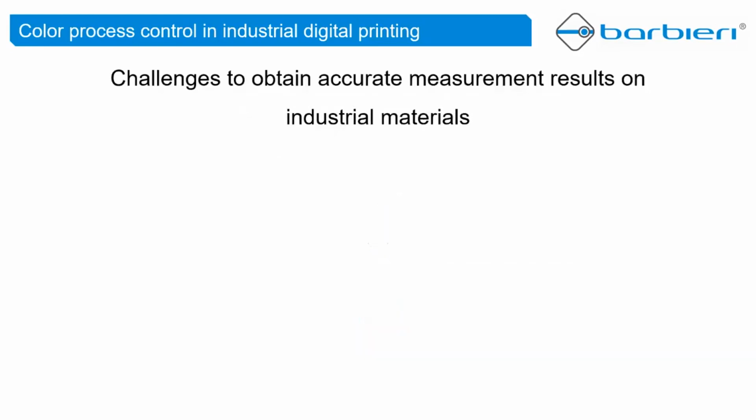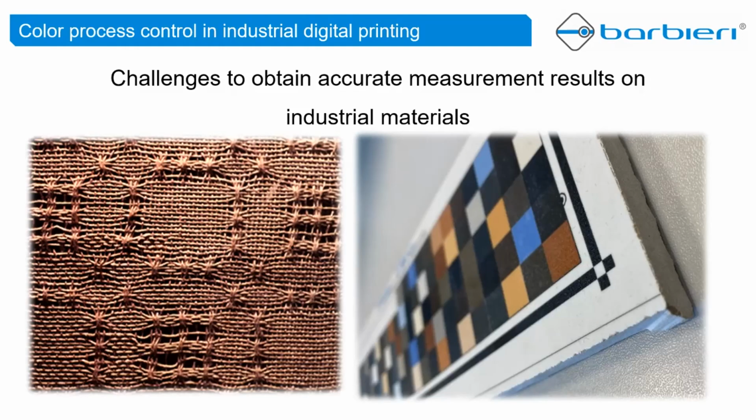As we know, there are challenges in digital printing. So what are the challenges in obtaining accurate measurement results on a variety of industrial materials? I have two examples here: textile material on the left side and ceramic on the right side. The first thing that catches our eye is the structure of the surface. You have woven fibers on the textile material, a very uneven surface, and we have a very rough surface on this ceramic print, which is, by the way, a little bit dirty, as you see here.